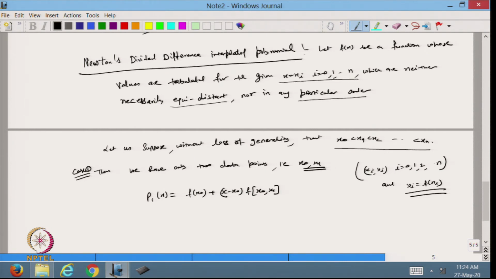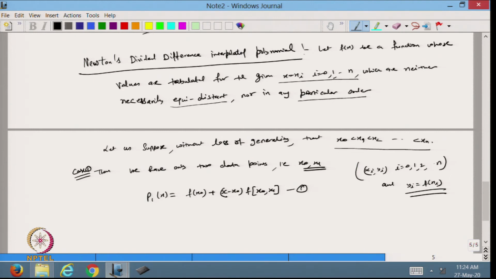Now, let us check this. From here I know that if I am passing through 2 points, it should be linear. So, it is a linear interpolating polynomial, and if I put x is equal to x0, this x minus x0 will cancel out, I will get f(x0), that should be there.